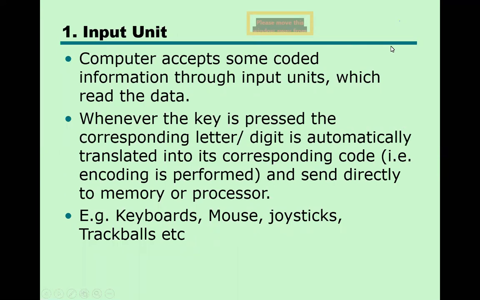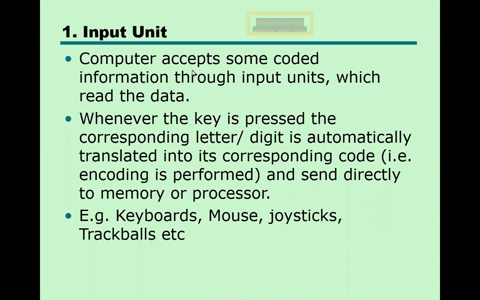Okay. So now we'll see the 5 different computer units, which is very simple. The first one is the input unit. No need to discuss this topic in detail now, but since we are going to start this subject properly, to understand each and every part we are going to discuss in detail.